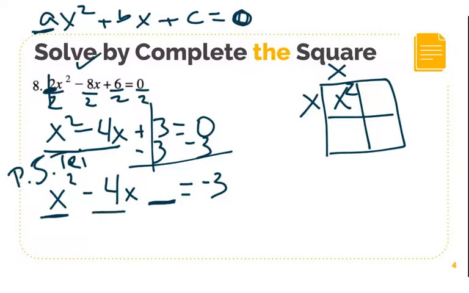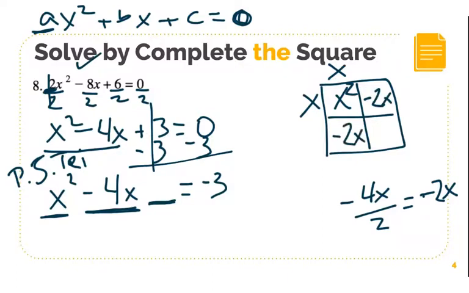Now this middle x term, -4x, I split in half. I want to evenly split it, so half of it goes here and the other half of it goes here. Remember, I'm trying to get exactly the same lengths on the top and the bottom. So x times x is x squared. x times -2 gives me -2x.